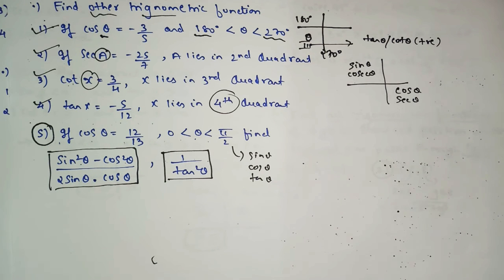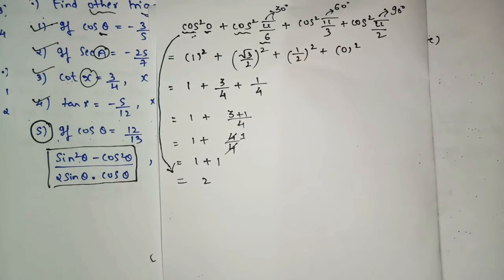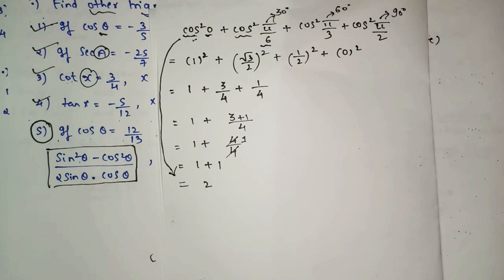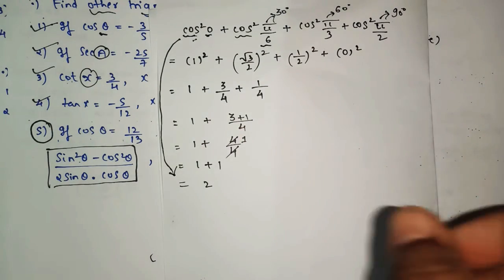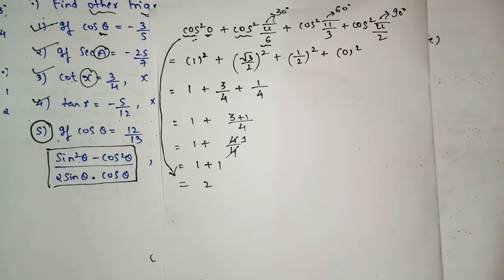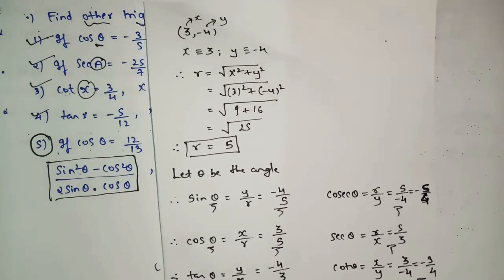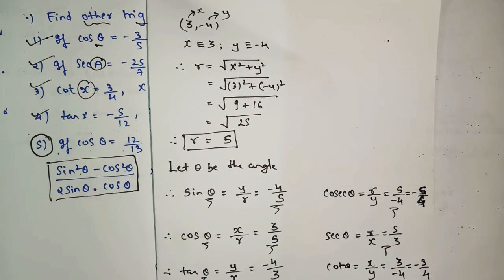So in today's lecture we saw the sums. First you have to see what is pi by 6, pi by 3. See the table, substitute the value, and you will get the answer. After this we saw one sum when the terminal arm passes through x comma y.